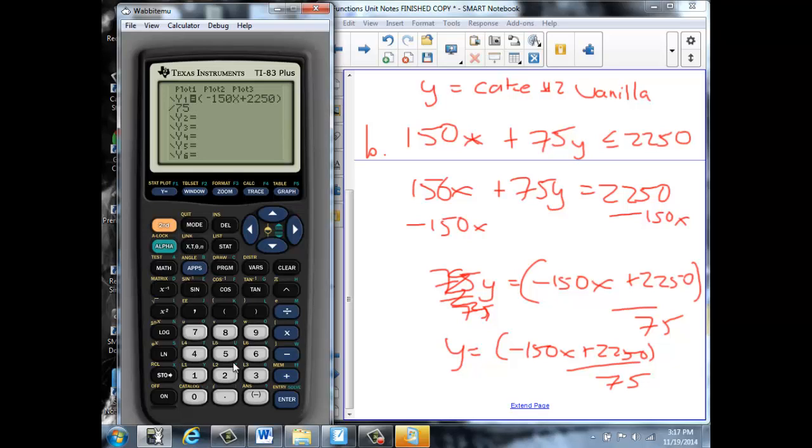A bracket. Okay, well we need to change our window size. Because x is about how many cakes you can make for chocolate, and y is how many vanilla cakes you can make. And you can probably make a lot of chocolate and vanilla cakes. So I'm going to suggest we change our window size. First thing here, can we make negative cakes? No. Start at 0 for both of them.